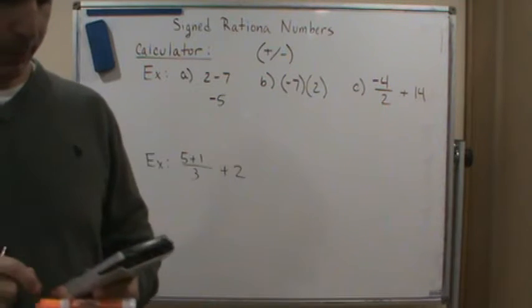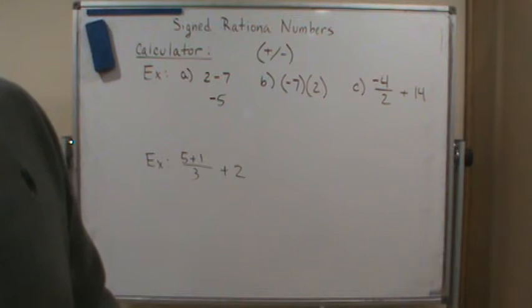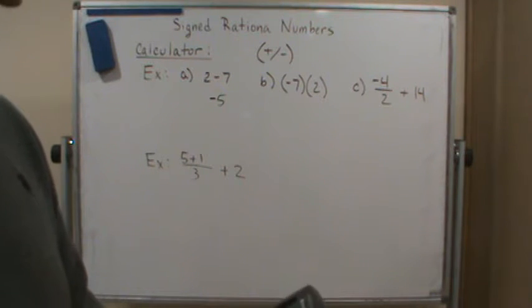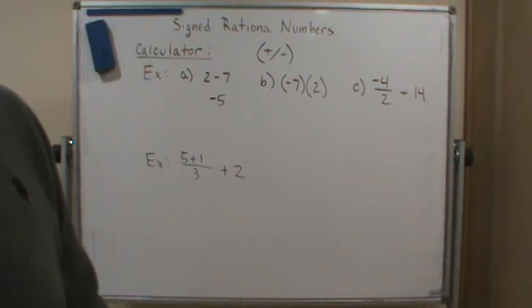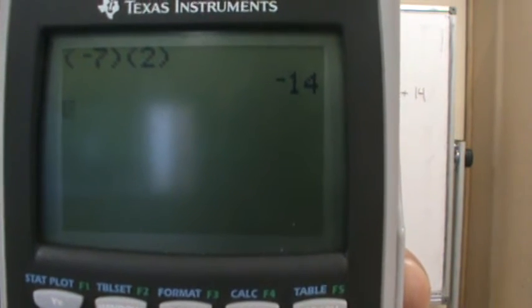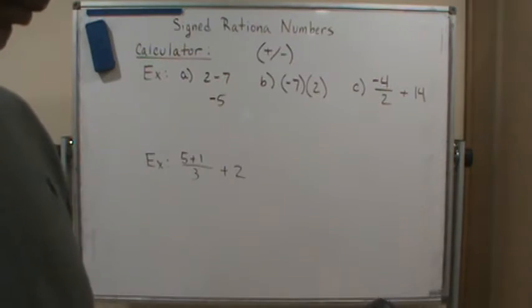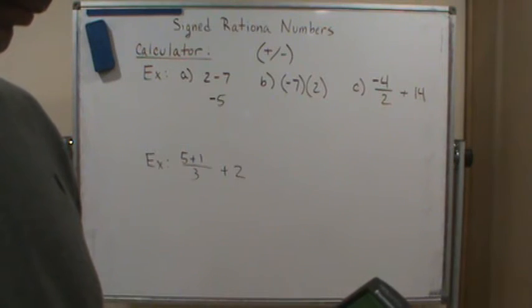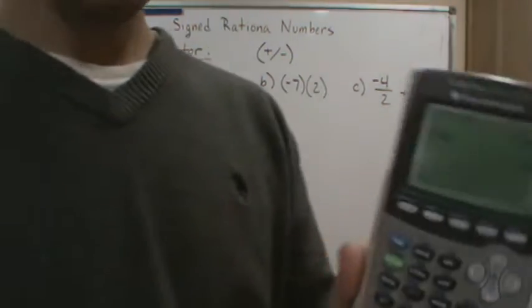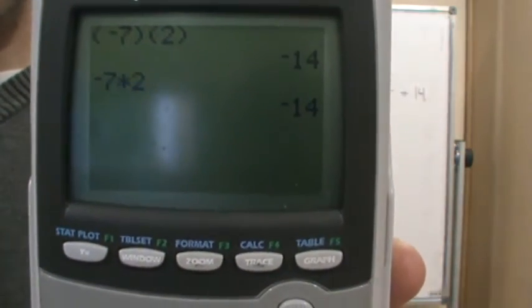Okay, so for example, if I put in negative 7, okay, so mine does it, or you can write it using the multiplication, negative 7 times 2.